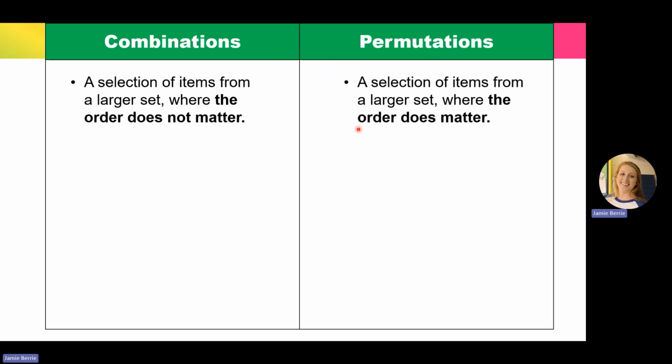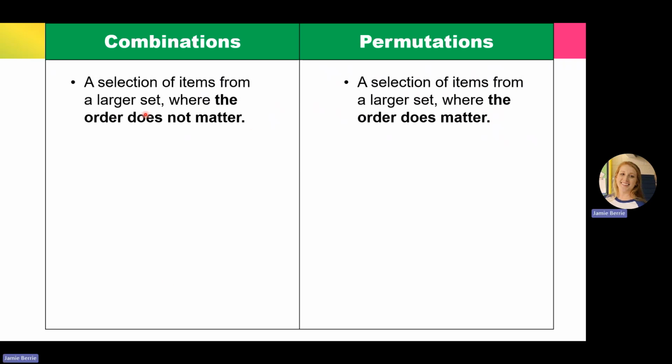The order in which you choose those does matter because the person who gets first place gets a different prize, right? They get a gold medal versus a person that gets second place who gets a silver medal versus a person that gets third place, which is a bronze medal. So the order of those items or people does matter.